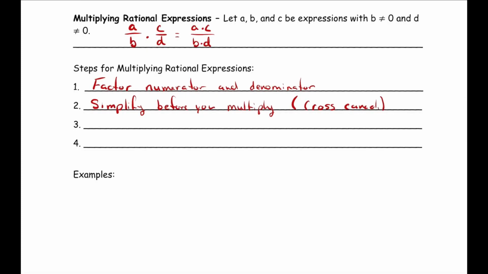All right, after simplifying, we're going to go ahead and then multiply the numerators and the denominators together. So multiplying the numerators and then separately multiplying the denominators.